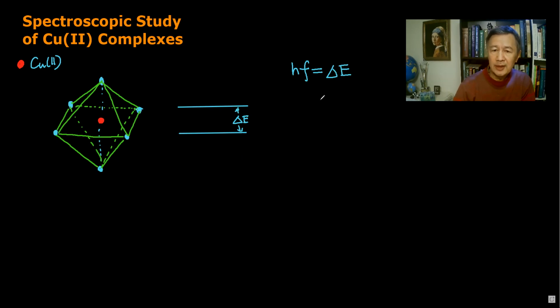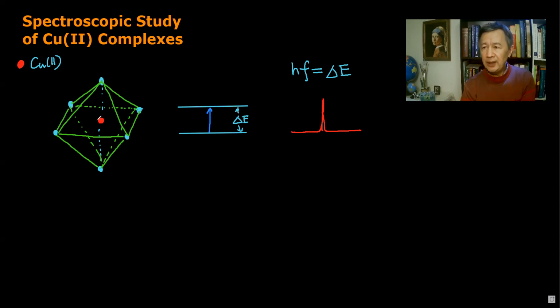In this case, only one transition can be observed according to the theory, the transition between the 2 levels. So we can give the experimental prediction here first: only one peak can be observed in this case.